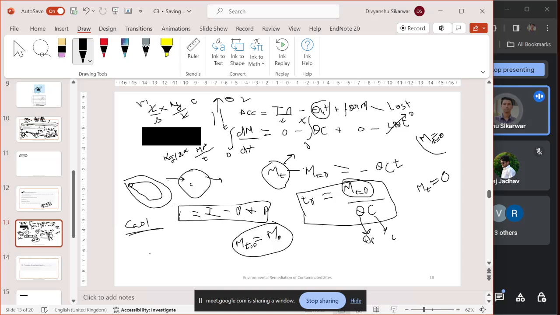For knowing the volume of pores, what should we do? If I know the volume of the soil in which the contamination is there, can I calculate the volume of pores from that? How would I do it?